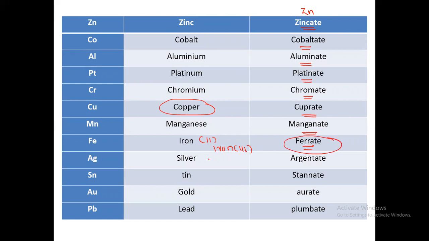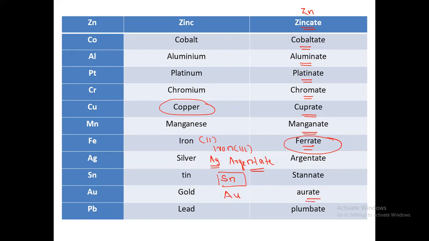Similarly, silver. We know the symbol for silver is Ag. Its Latin name is argentum, right? So when it is part of a negative complex, we use argentate, not silverate. For tin, the symbol is Sn, right? So we use stannate. For gold, it's aurum, right?